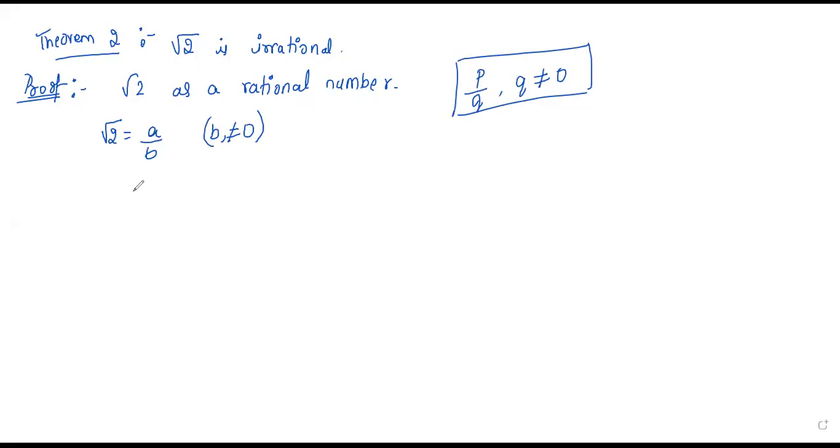Any doubts with this? Okay. Then cross multiply. If I cross multiply, I get A is equal to square root of 2 into B. Right?